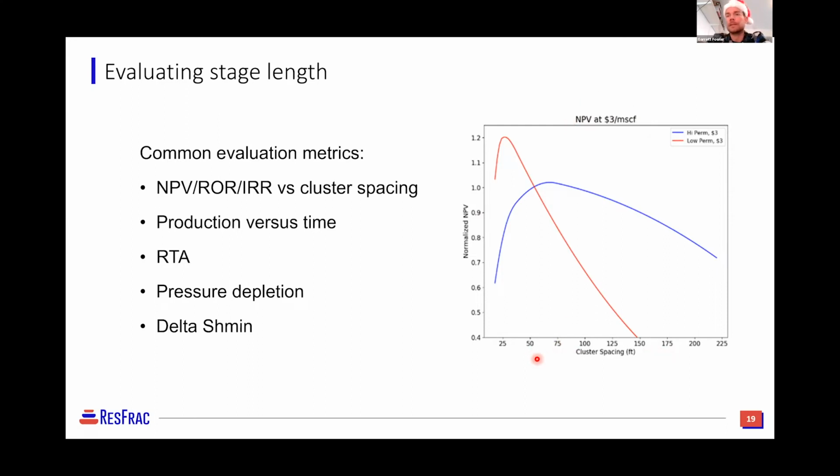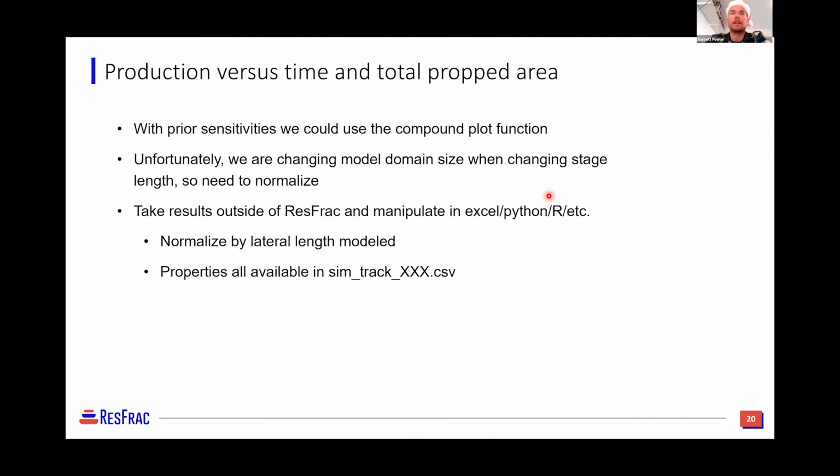So if we look at something like stage length on the x-axis, you could plot NPV or rate of return or internal rate of return versus that stage length and pick your optimal point. That's what we want at the end of the day. But the advantage of using this physics-based solution is we can then take that optimal solution and explain why it is optimal. So what are some of the ideas behind that?